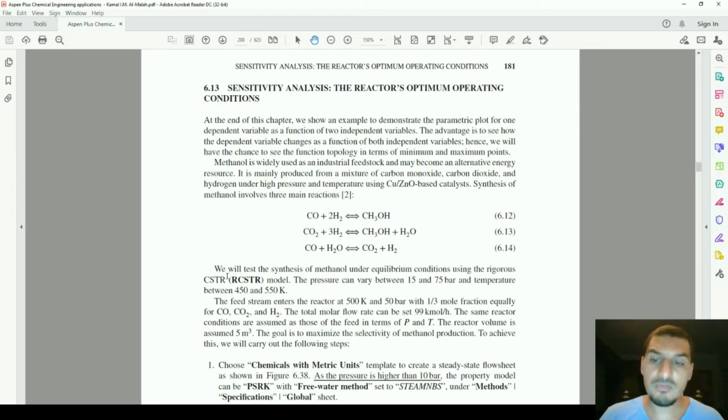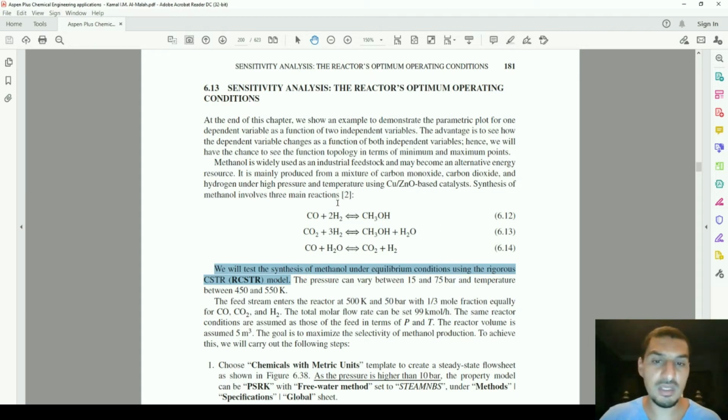So the aim of this example is first to test the synthesis of methanol under equilibrium conditions using rigorous CSTR model. This sentence is kind of not very, doesn't make sense according to what we mentioned before, because we know that with the gas phase reactions, these are all gas phase reactions.